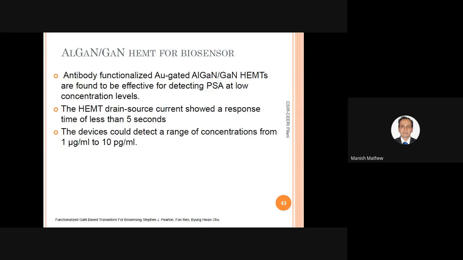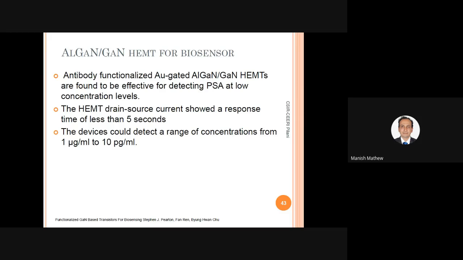And this device could detect a range of concentrations, from 1 microgram per ml to 10 pg per ml, so from a very small range to a very high range.